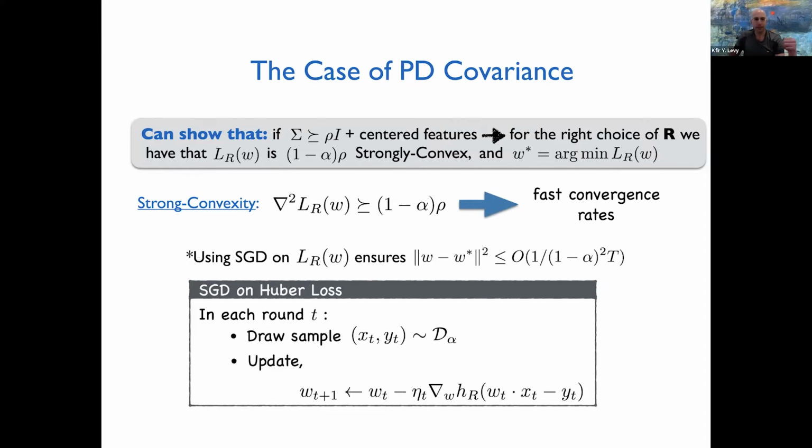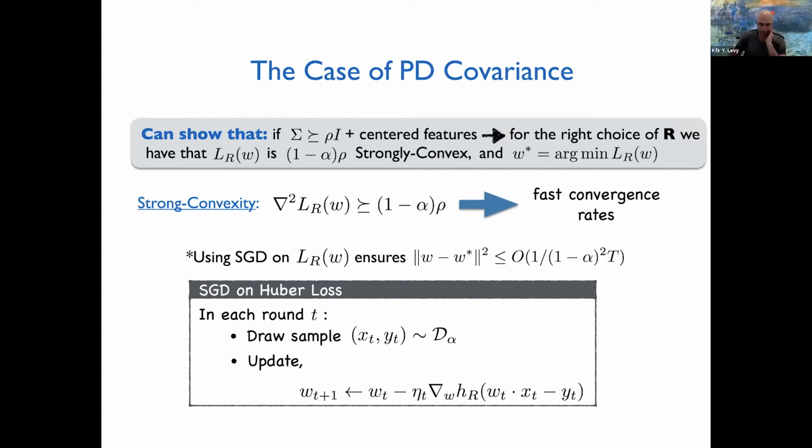So if you apply the right version of stochastic gradient descent to L R of W, we can ensure that the squared distance between the solution of this algorithm and the optimal solution will go down by a factor of 1 over t, where t is the number of samples that we have.